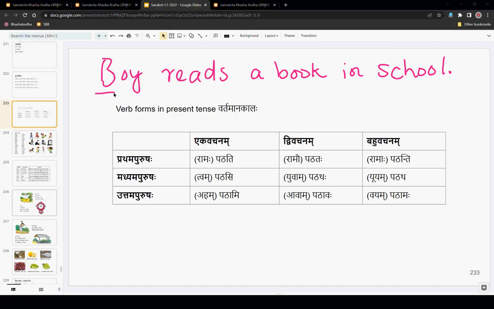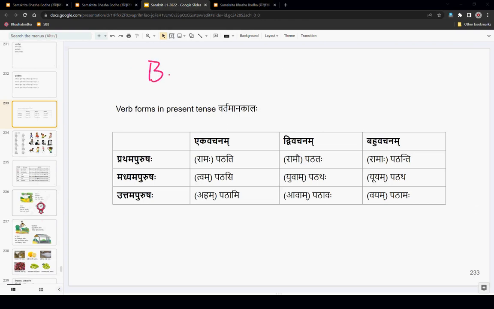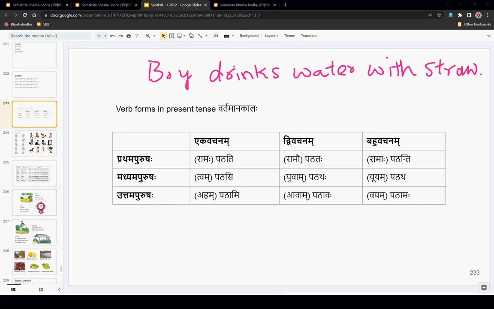But let's say what you already studied: a boy drinks water with a straw. We'll find a word for straw.